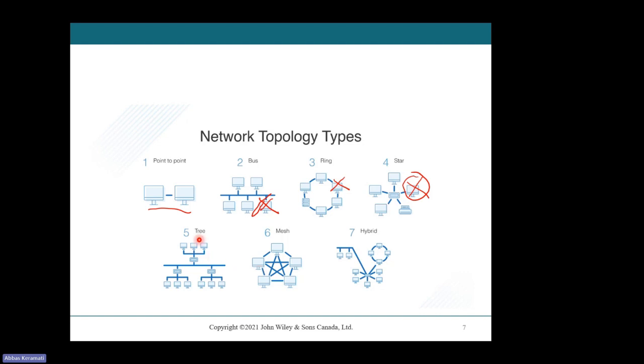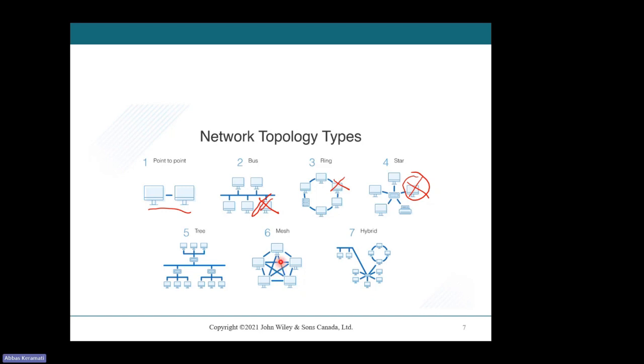The rest of the topologies that you have here, including tree, mesh, and hybrid, are all combinations of the other topologies that we have. In a hybrid, for example, we have BUS, ring, and star.